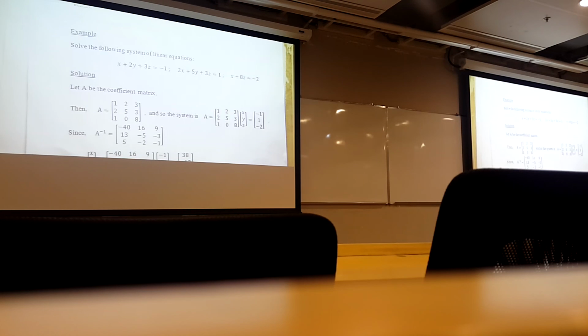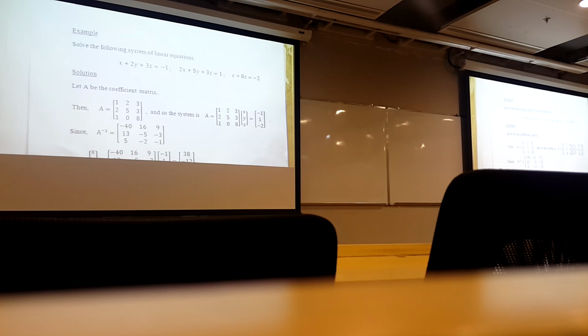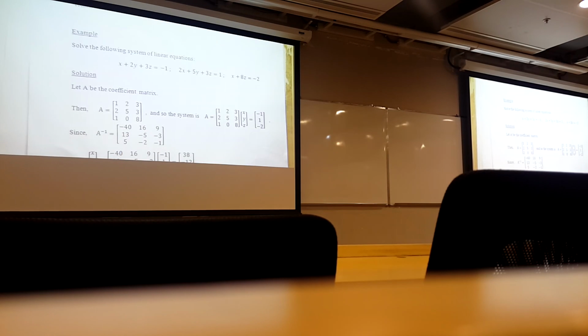First thing to do is the minor and then the cofactor, and calculate the determinant. In fact, to calculate the determinant, you only need one row or one column in the cofactor matrix. You do not need to do all entries, just any row or any column to calculate the determinant first. If it is non-zero, then proceed.